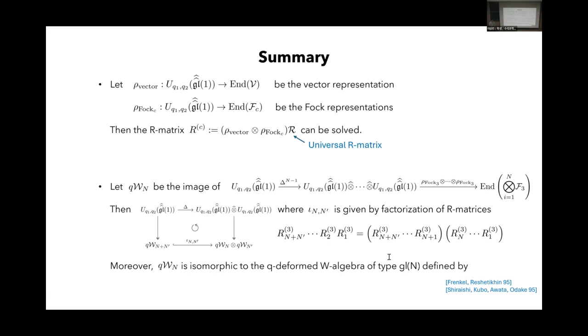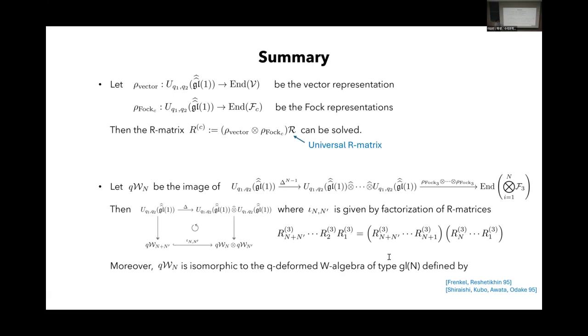And using this R_C, we can construct the Miura transformation for what is called the q-deformed W algebra, not the W algebra itself, but some q-deformed version of it. Let's define QW_N, some q-deformed version of the W algebra of GL_N type, as the image of a quantum algebra.